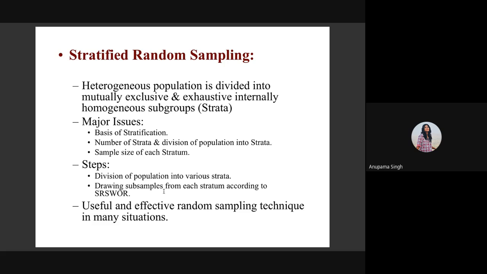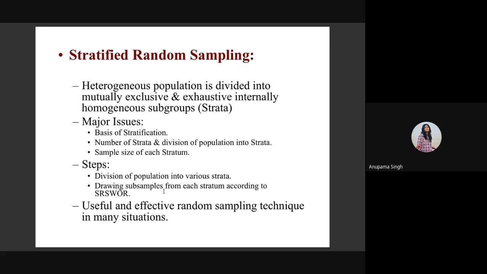Major issues. The issue that occurs here is the basis of stratification. When a researcher is dividing their population into strata, the knowledge of that researcher about the phenomenon should be clear. When we were taking mental health, we were talking about the mental health of adolescents.